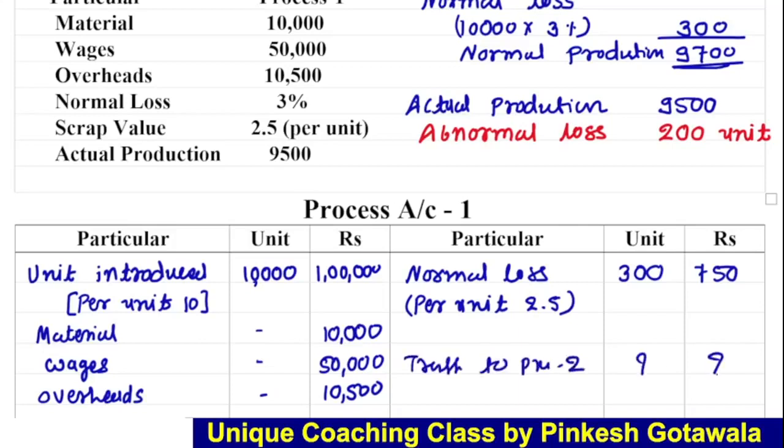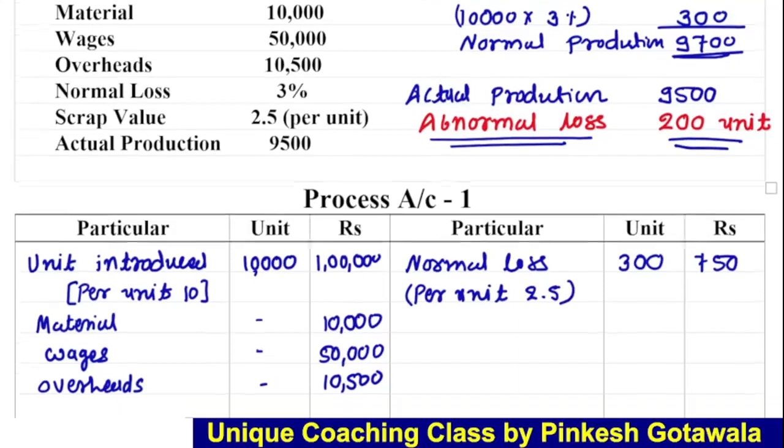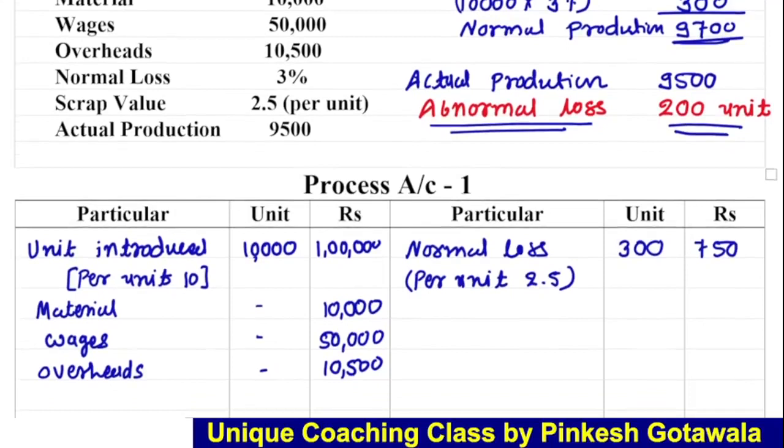Whatever difference comes, we will transfer to the next process. But in this question abnormal loss is also given, so we also give this effect. So first of all, will abnormal loss be on the debit side or the credit side? It is a simple point: we give normal loss on which side?